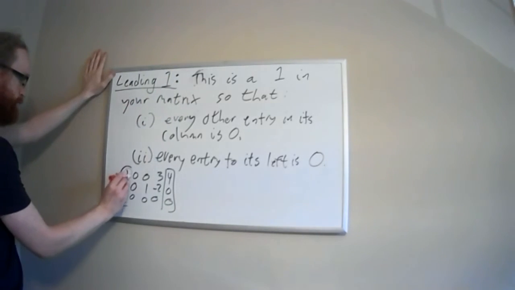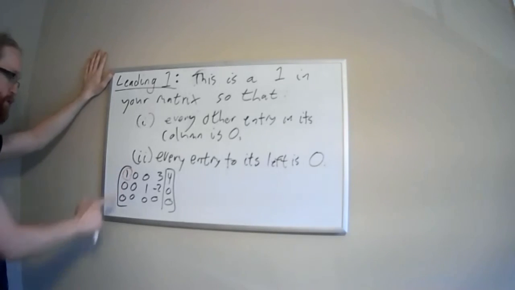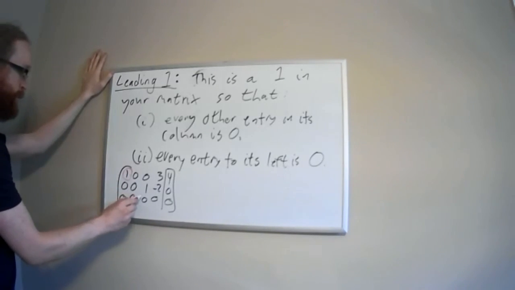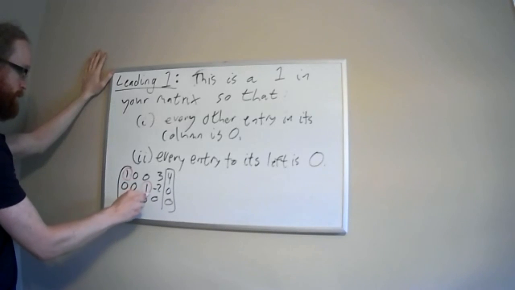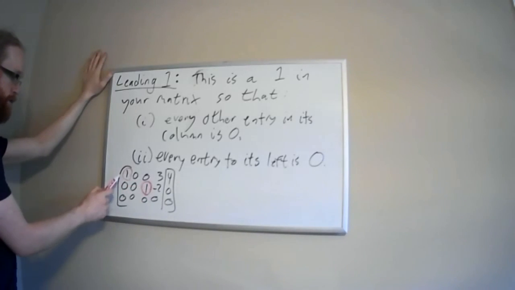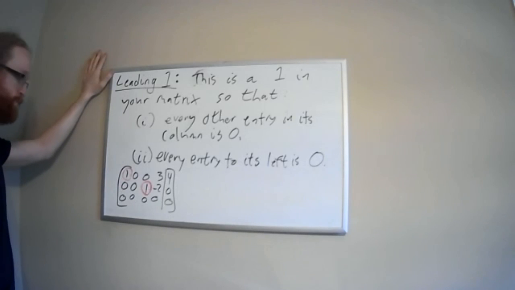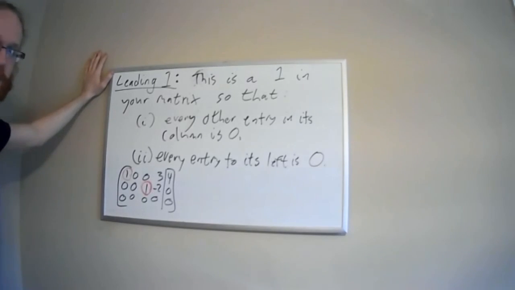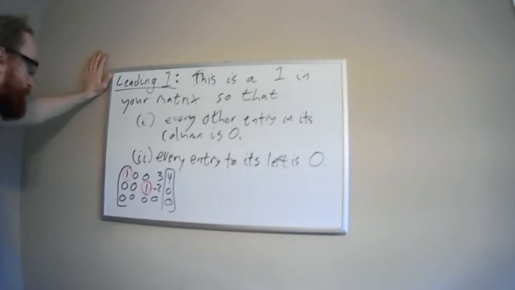So here's a leading one up in the corner. As long as this number is a 1, it's automatically a leading one. And then the only other leading one is this guy right here, because if you look in their column, they're the only thing that's not 0. And to the left of this guy, everything is 0 in this row. And there's nothing to the left of this one, so I don't have to check that. So those are my two leading ones.